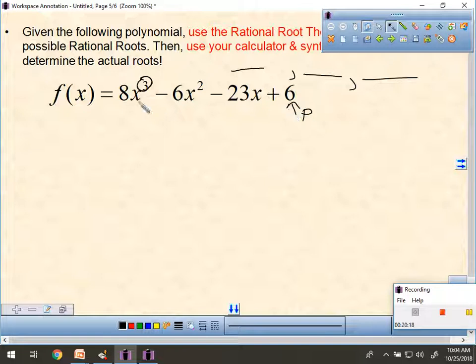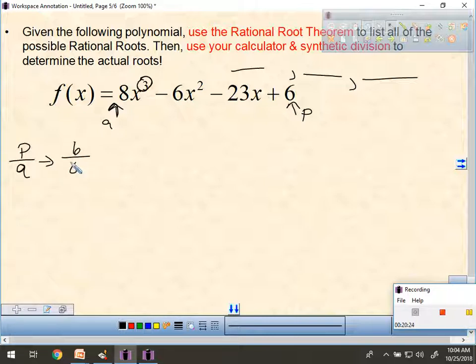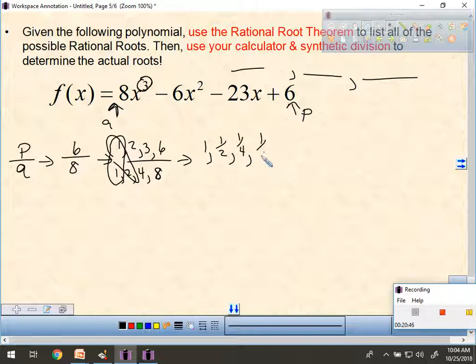So p's and q's, so p over q, so p is going to be 6 and q is going to be 8. Well, this is going to be tedious. Factors of 6 would be 1, 2, 3, and 6. Factors of 8 would be 1, 2, 4, and 8, which means if I do my combinations, I'd have 1 over 1, 1 over 2, 1 over 4, and 1 over 8.